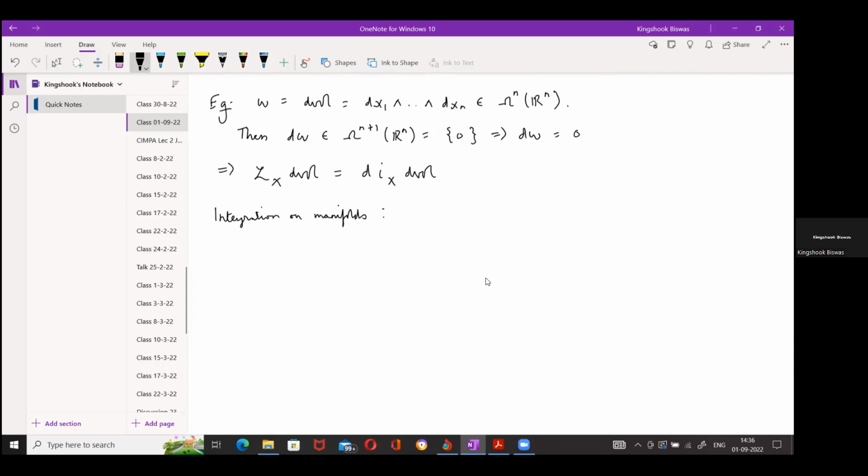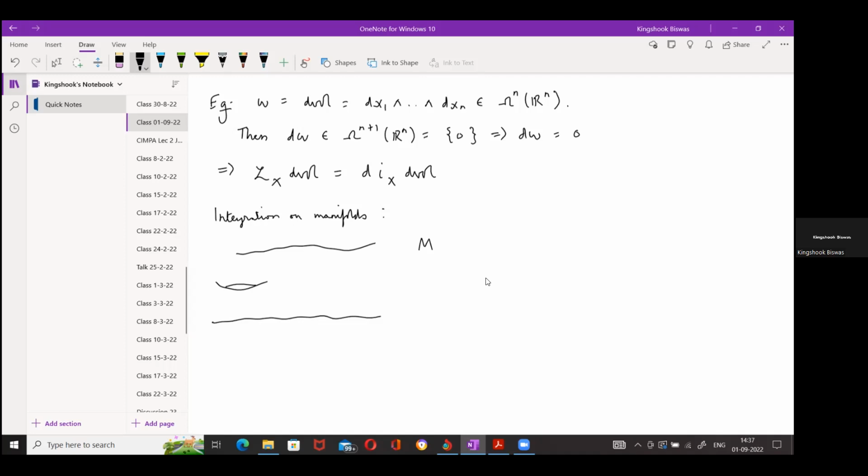So suppose this is our manifold M. What we want to do is to first reduce the integral of a global form into the integral of locally supported forms, so forms which are supported in charts. Because once I have a form in a chart, then I should be able to reduce the integral to an integral over some open set in Rn, right?